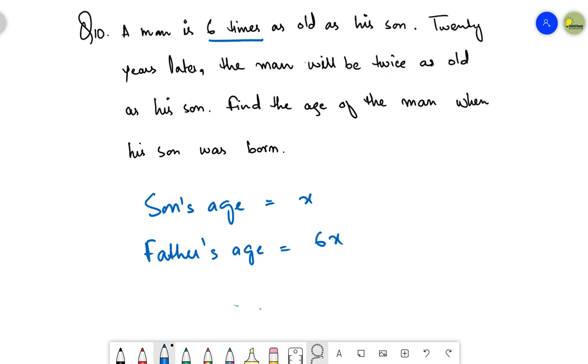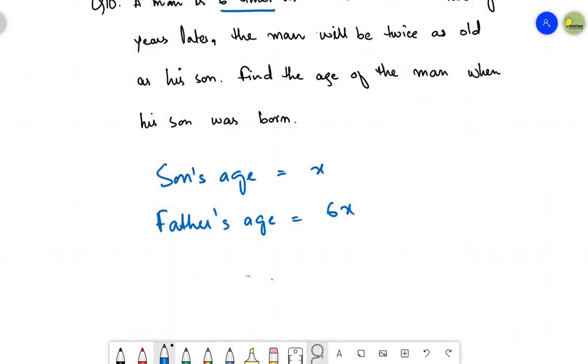Now, 20 years later, after 20 years, the man will be twice as old as his son. It means that after 20 years, let's write down their ages again.